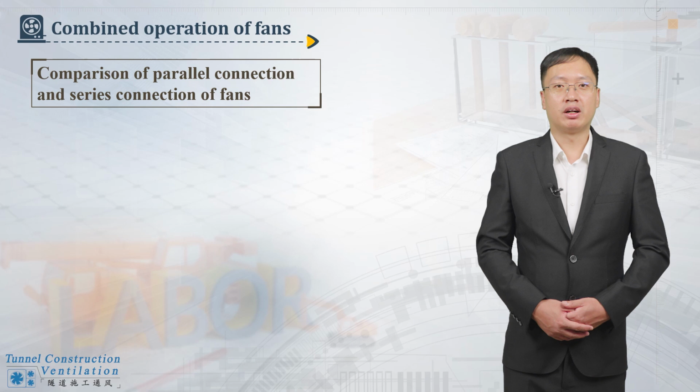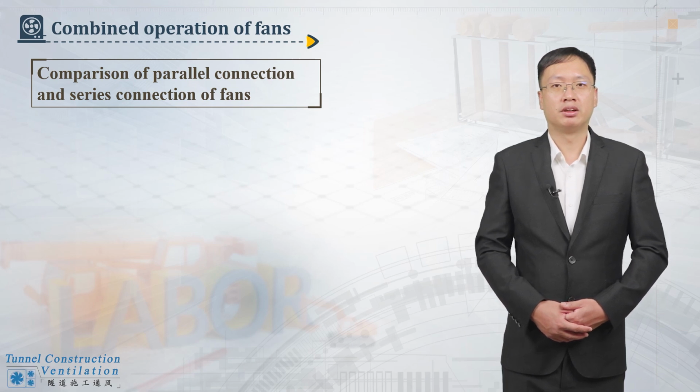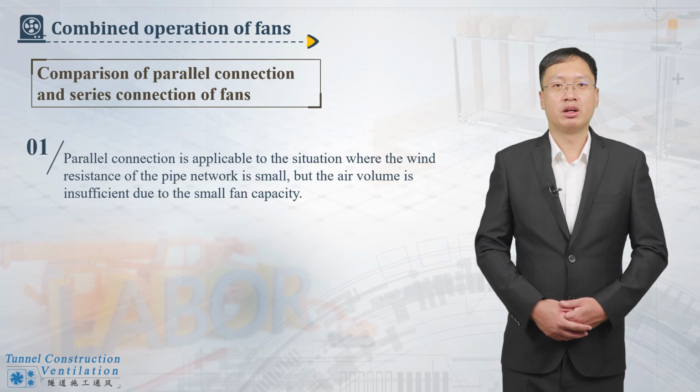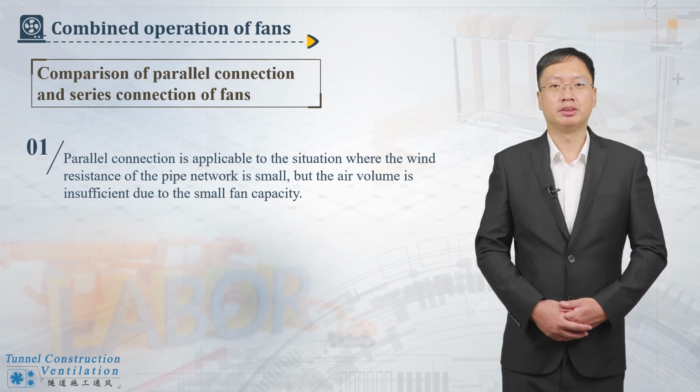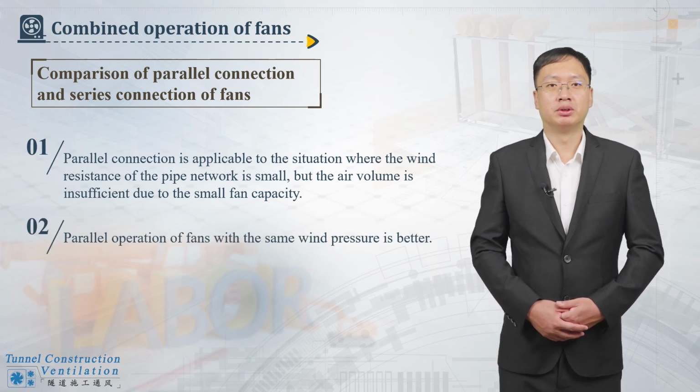Comparison of parallel connection and series connection of fans. 1. Parallel connection is applicable to the situation where the wind resistance of the pipe network is small, but the air volume is insufficient due to the small fan capacity. 2.